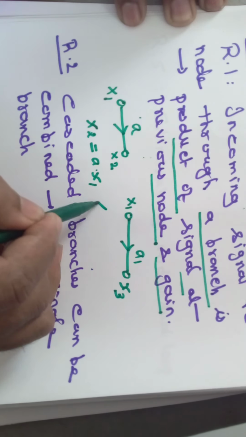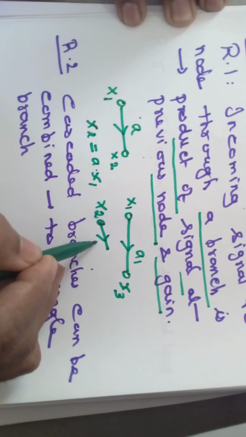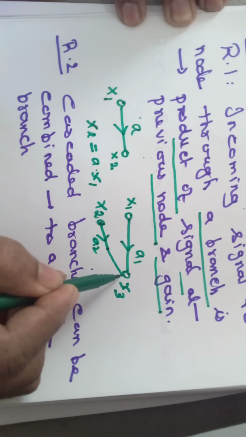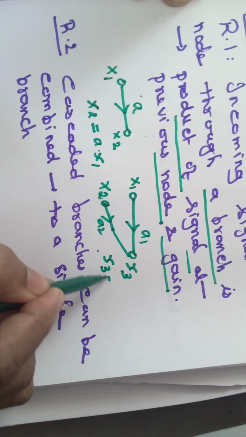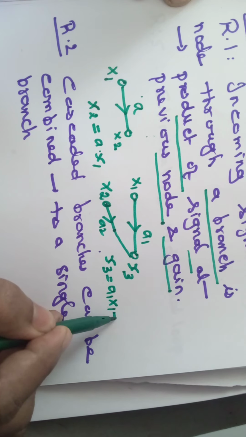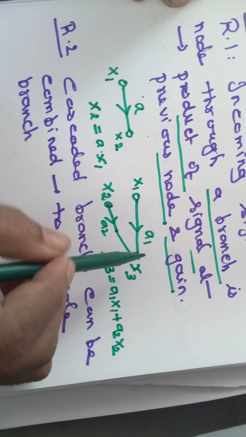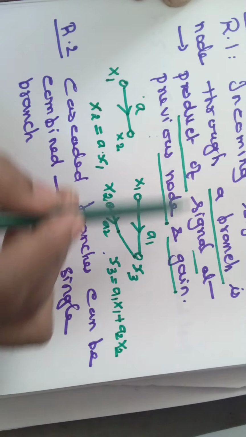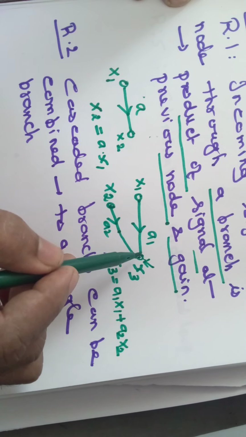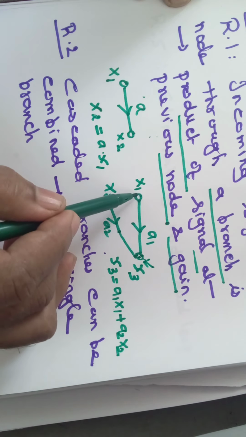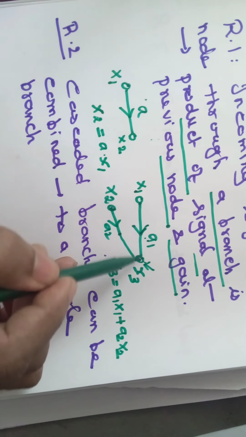We have another node x2, and the signal through this node is A2 and it reaches the same node x3. Now the output signal x3 can be written as x3 equals A1 into x1 plus A2 into x2. The incoming signal to a particular node through a branch is nothing but the product of the signal at the previous node, that is A into x1, and the gain. So this is the first rule.